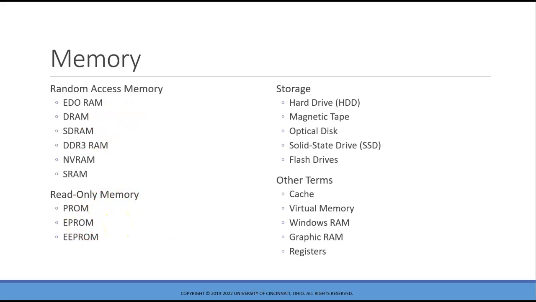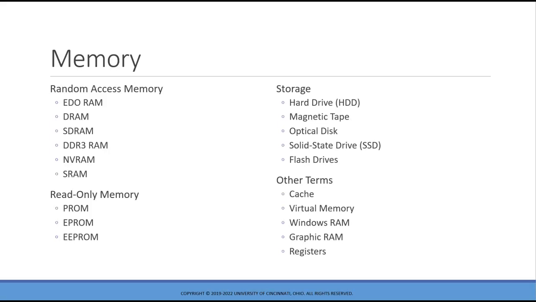RAM and ROM are considered primary storage, while HDD, the hard drive, solid-state device and hybrid, magnetic tape, optical discs, and flash drives are considered secondary storage. How many terms are used to describe flash drives?